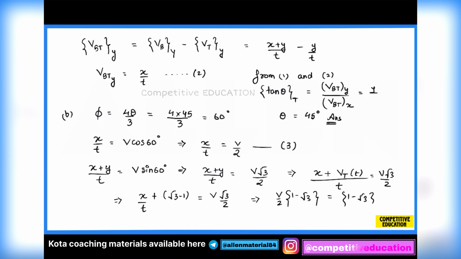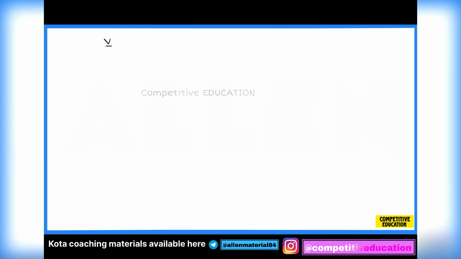From here I will get v by 2 as 1, and v will come out to be 2 meters per second. So this will be my velocity, that is 2 meters per second at an angle of 60 degrees with the horizontal in the frame of that plane. This will be my answer to the second part.